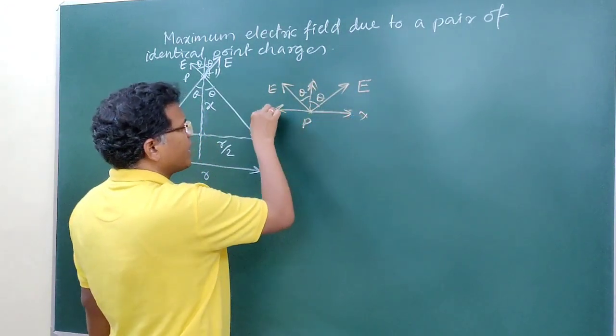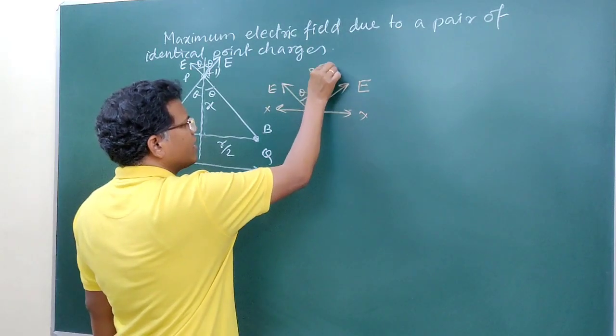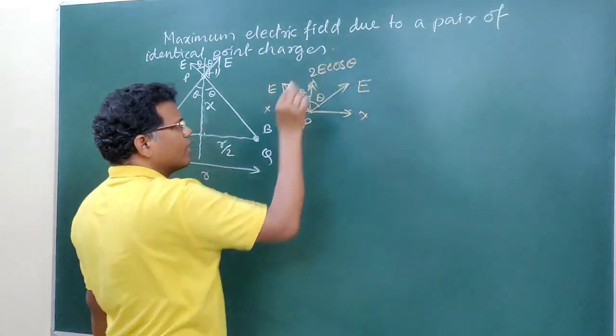So these two components will cancel out, and ultimately in this direction it will be 2E cos theta.